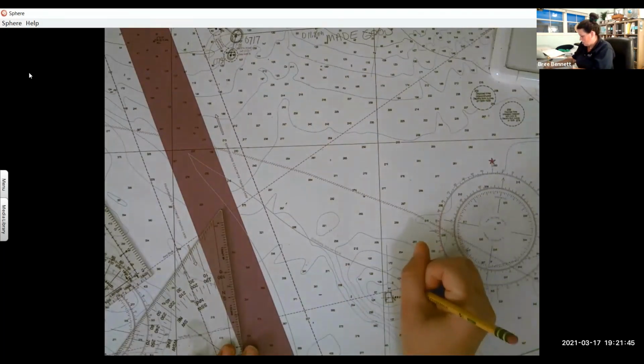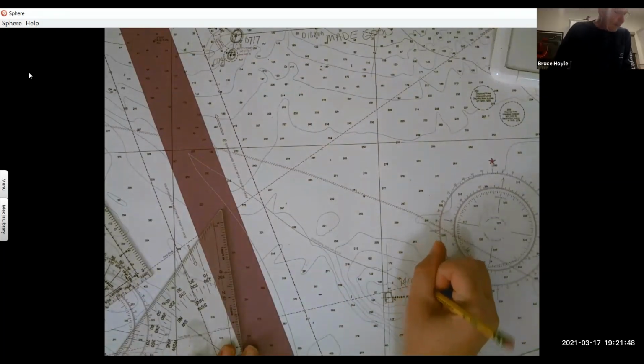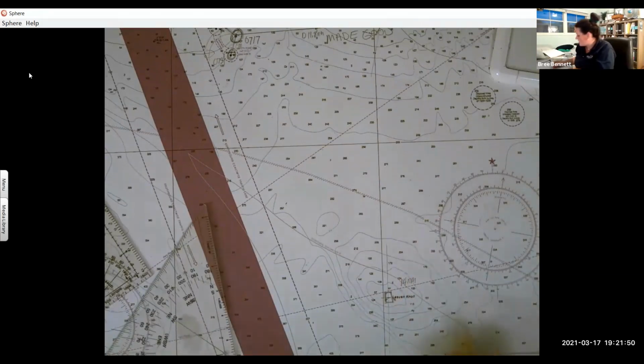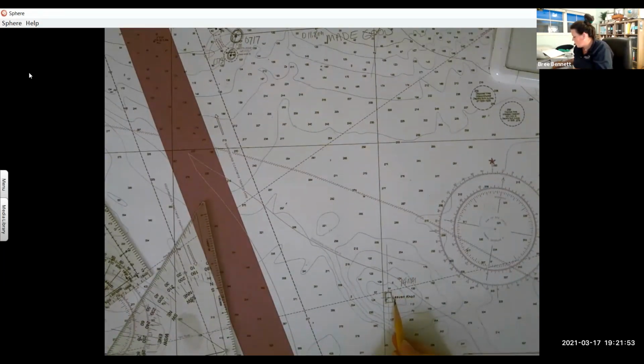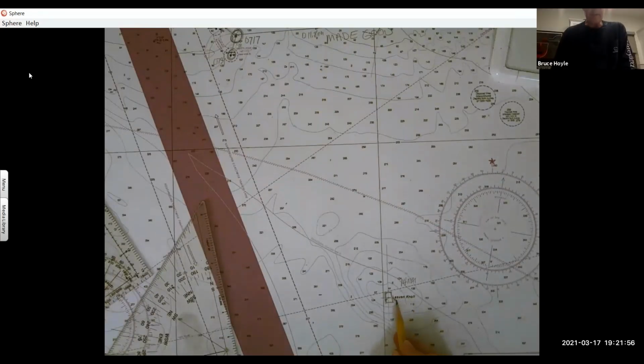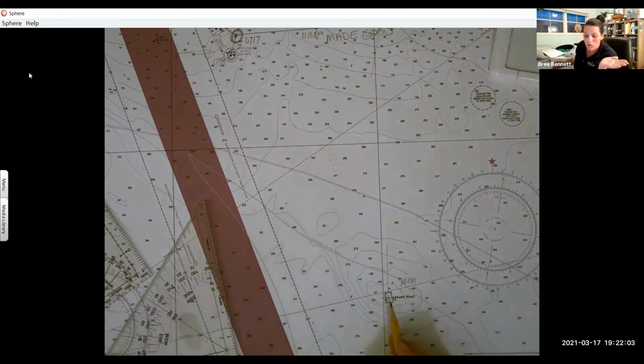Sorry, I can't find the 14 Mile Bank. So it actually says Lawson's Knoll. Oh, okay. I see that. Got it. Maybe it's a nickname, 14 Mile Bank. Has anybody fished that? I am not a local fisher person around here. I think that's just a local nickname people use.